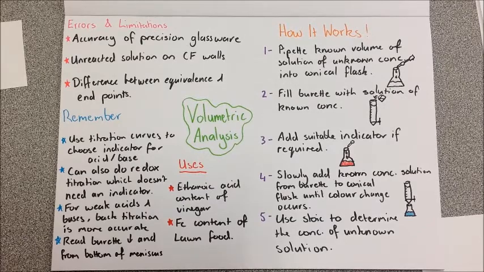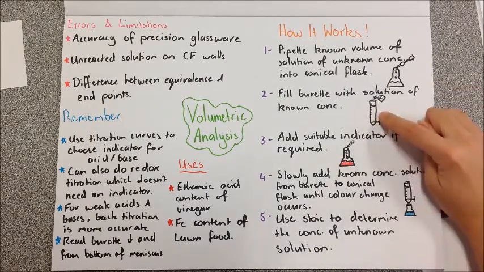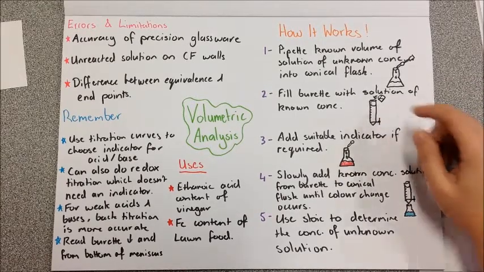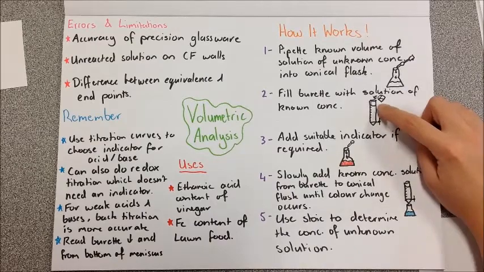And also there's one more additional thing for you to remember, is when you need to rinse your glassware before you use it with particular things. And the good way to remember it is the precision glassware needs to be rinsed with the solution to be put into it. So if you're putting 0.01 molar hydrochloric acid into the burette, then you need to rinse it with 0.01 molar hydrochloric acid before you use it.